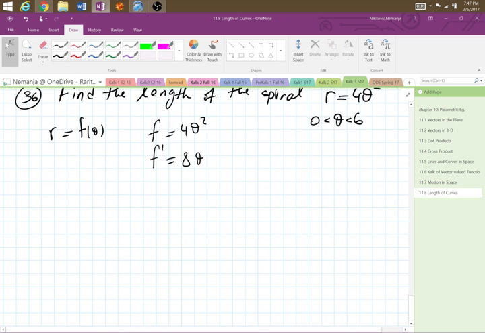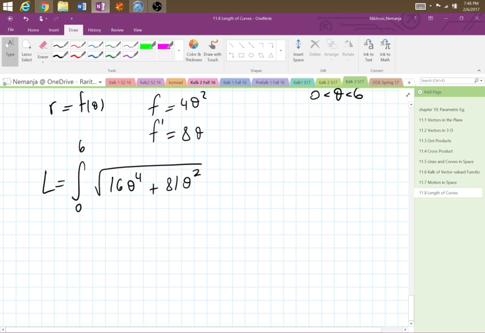So all we need to do is to plug in. Function squared plus derivative squared. That's what I said. I was just testing it to see who's awake.